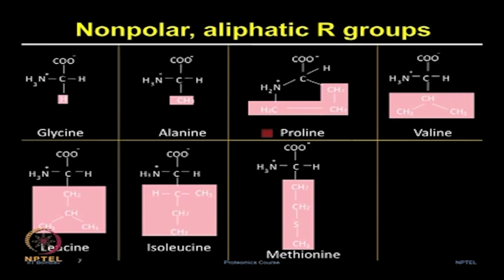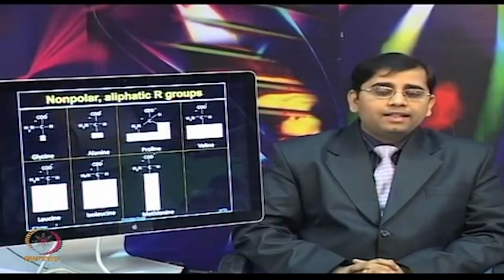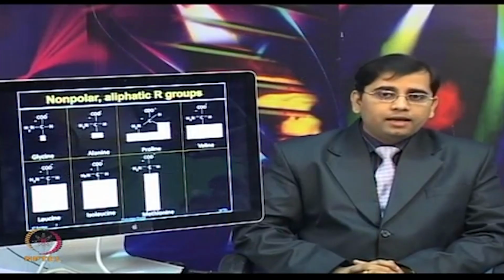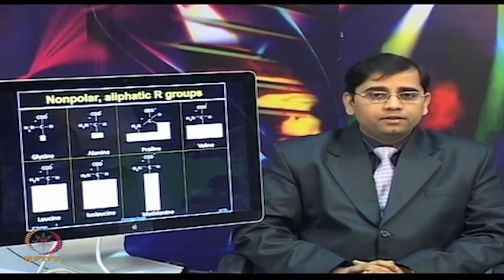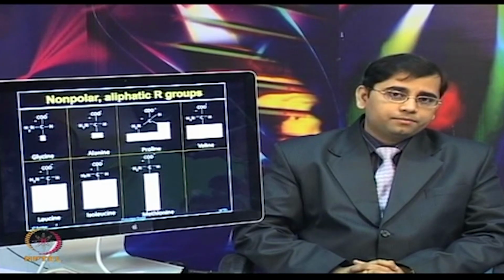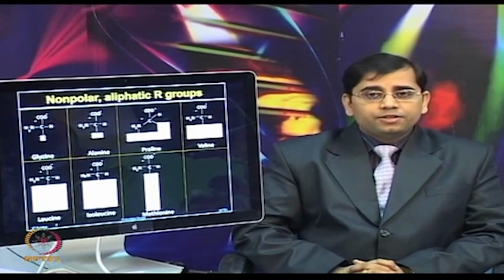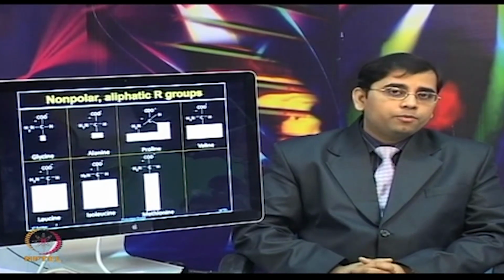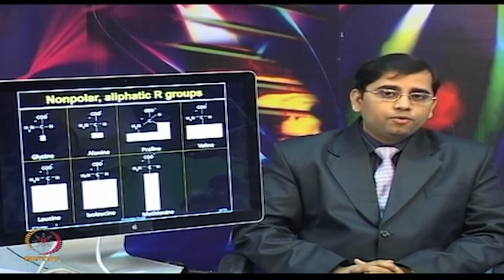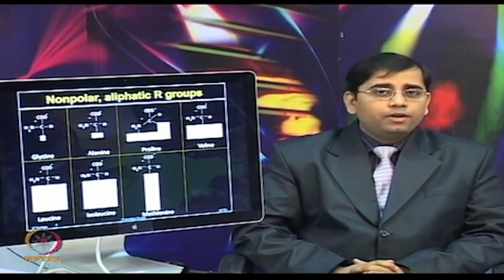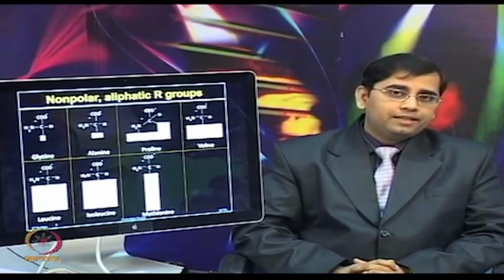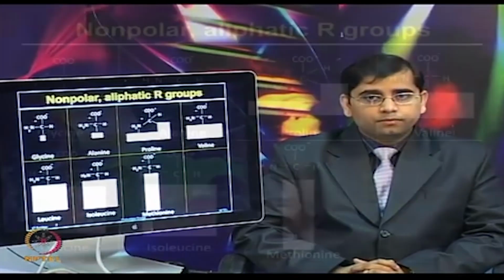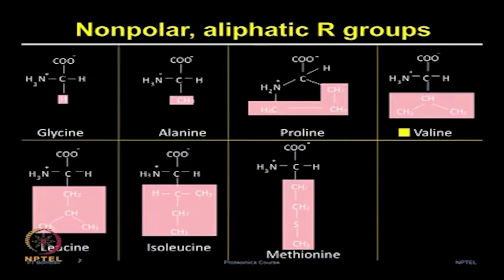Proline has a very unique feature: it has no free amino group, and the side chain is bonded to the N and the alpha carbon atoms. The ring structure provides more conformational restrictions, and therefore proline plays a very crucial role with unique properties in many functions. Valine is a branched chain amino acid.